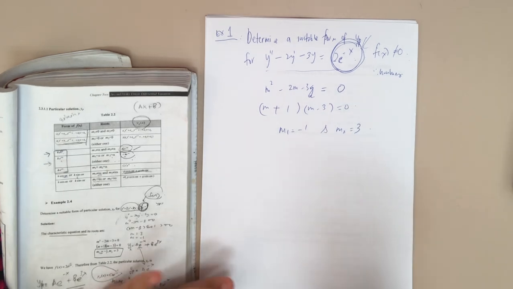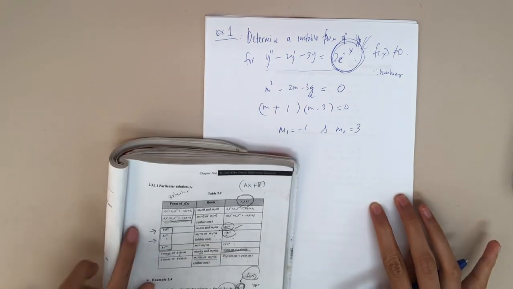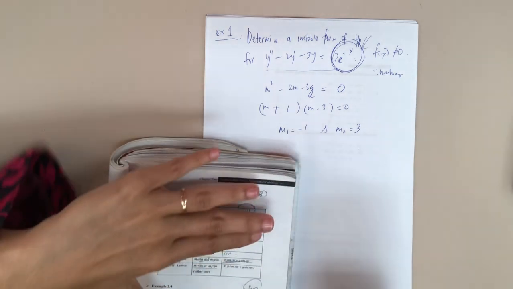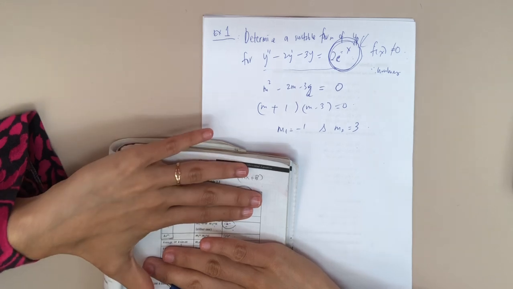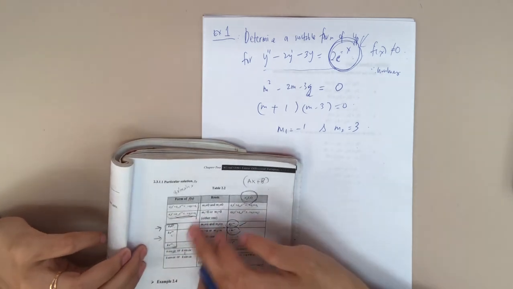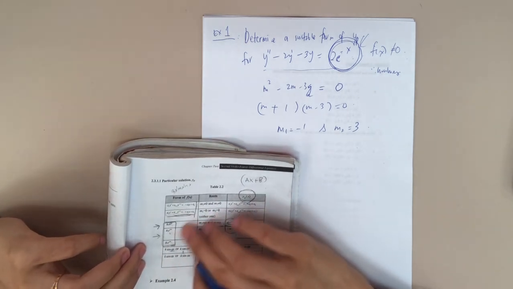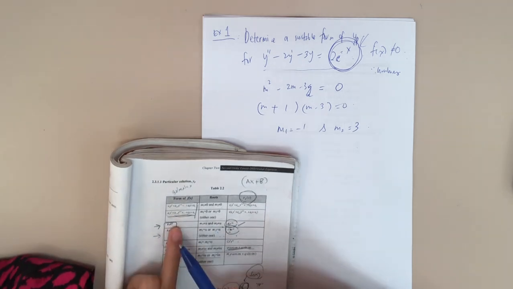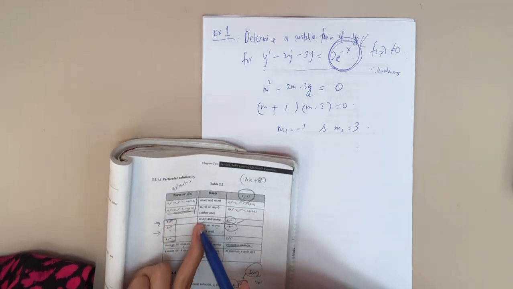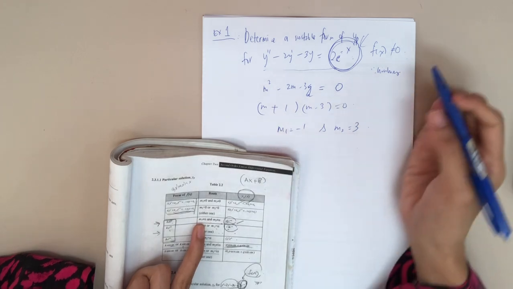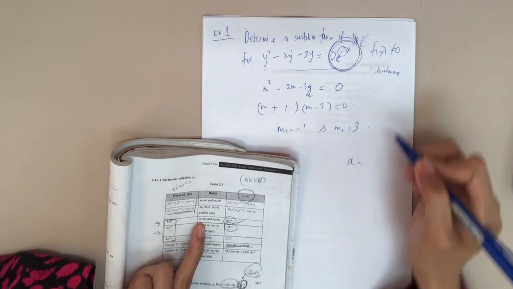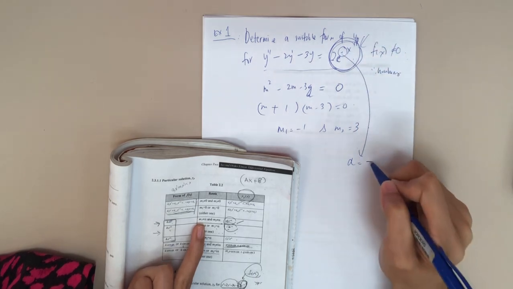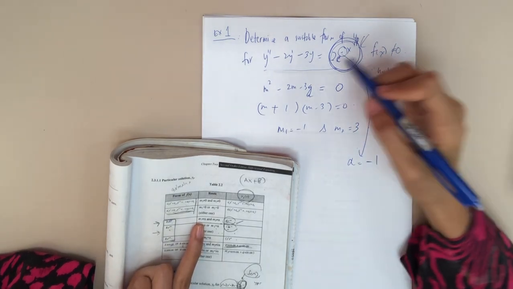So now back to your table. Because we know this is exponential, you just refer to rows number 3, 4, 5, the exponential type. So now for the first one, m1 is not equal to a. So what is your a here? Your a here is -1. E to the negative x, so your a here is -1.